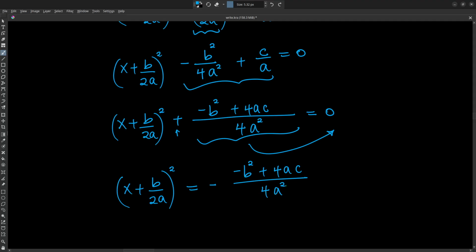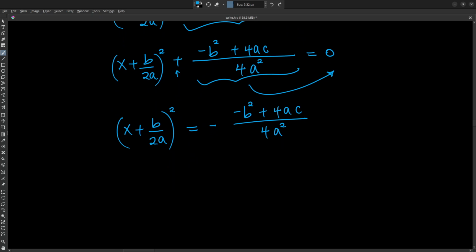Okay, so now I think we are starting to get some resemblance of the quadratic formula, but we are not yet there. So what we do here is, when I give you a negative and then this whole term, this is the same as doing negative 1 times the same term, negative b squared plus 4ac all over 4a squared, right?